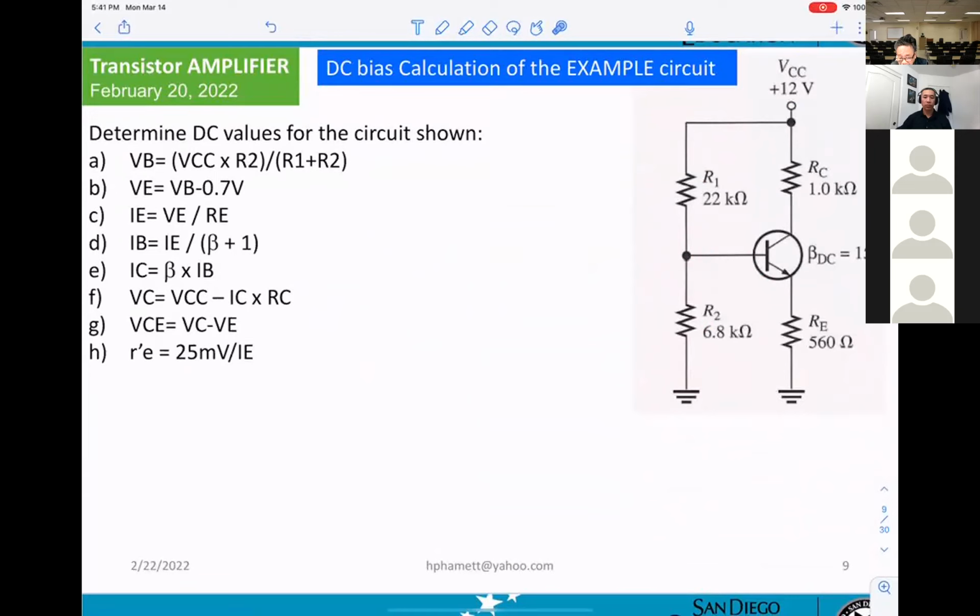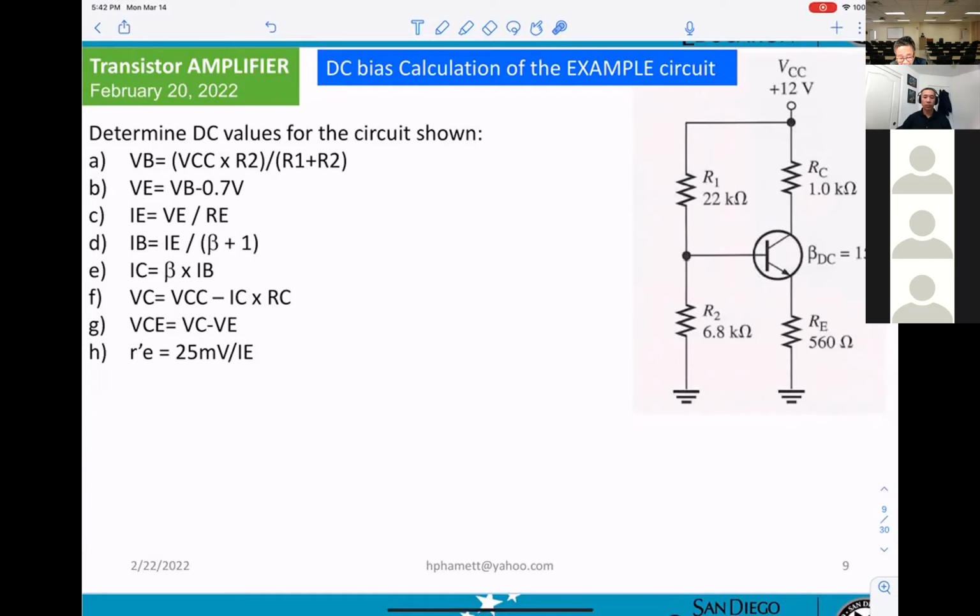So you take VB minus 0.7, you get VE. If you get VE, it's easy to calculate IE: VE divided by RE, you get IE. And after you get IE, then you can get the IB, then you can get the IC. Okay? So if you want to calculate the collector voltage here, you take VCC minus IC times RC. IC times RC means the voltage drop across RC. Okay?